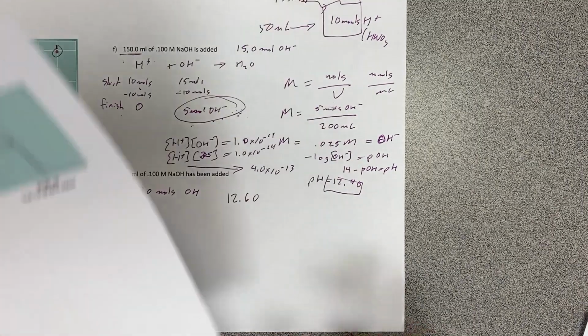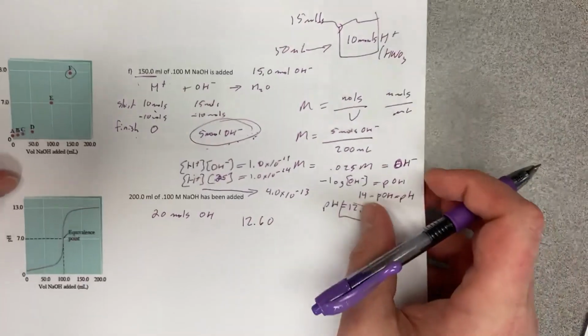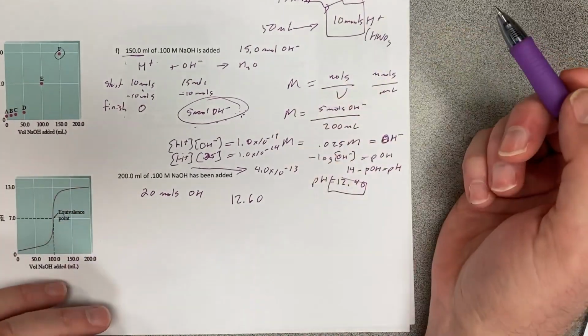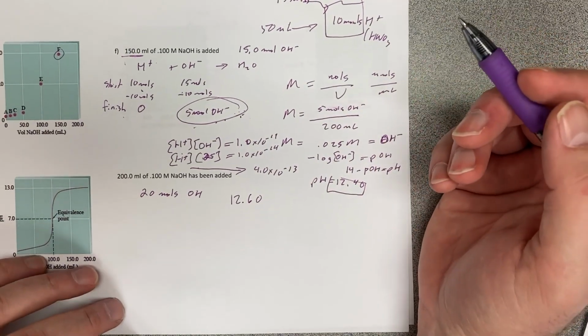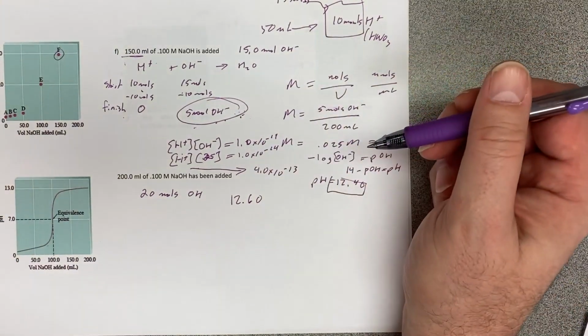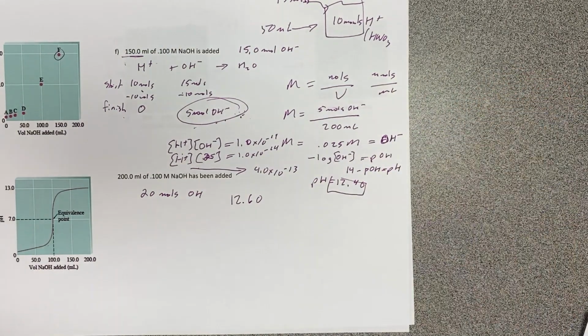So what we're going to be working on after this is weak acids and weak bases being titrated with strong bases and strong acids. I would suggest looking in your textbook for an example on page 728, or the sample examples would be in section 14 or 15.4.